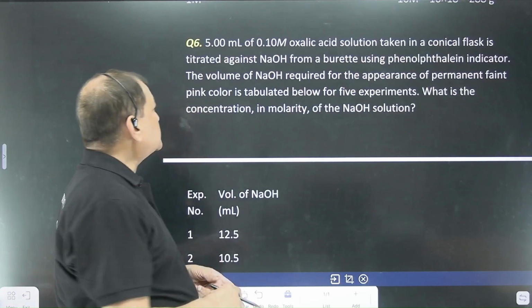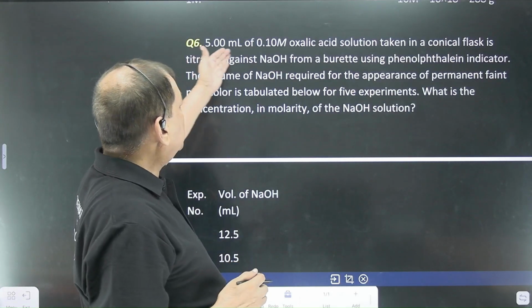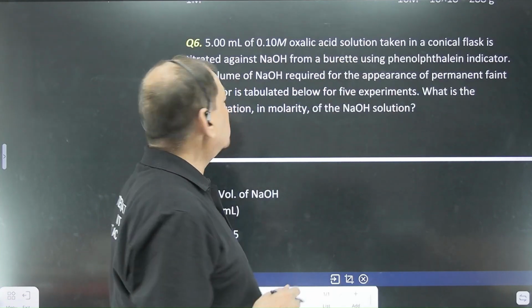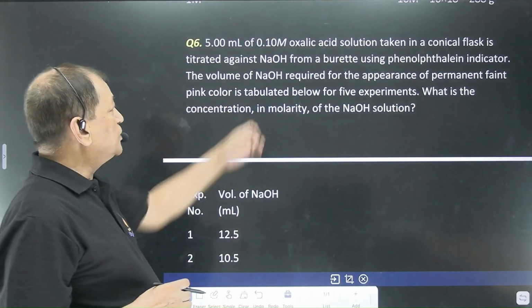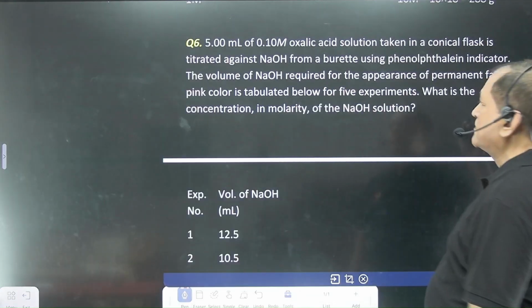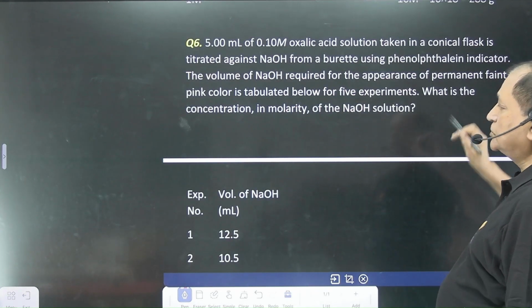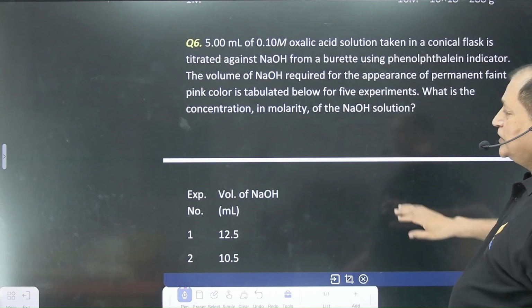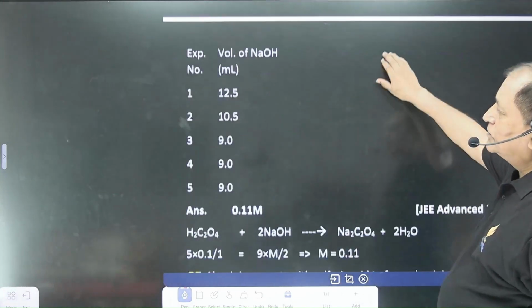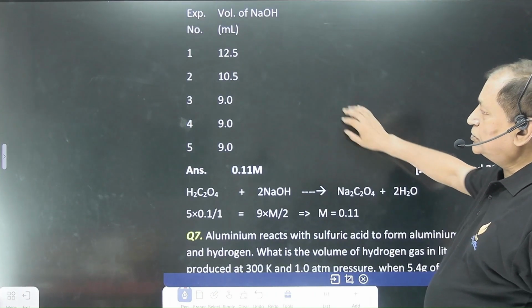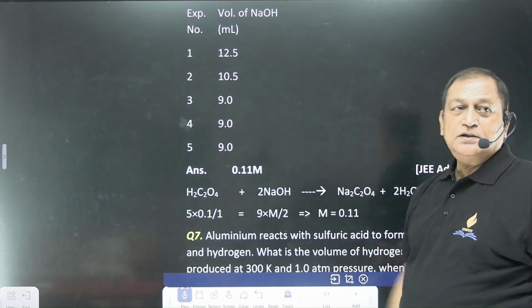Now question 6. 500 ml of 0.10 M oxalic acid solution taken in a conical flask is titrated against NaOH from a burette. What is the concentration in molarity of the NaOH solution? So here in titration, 5 values are given. It is your check which value you will take.